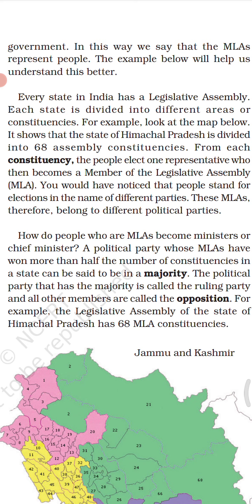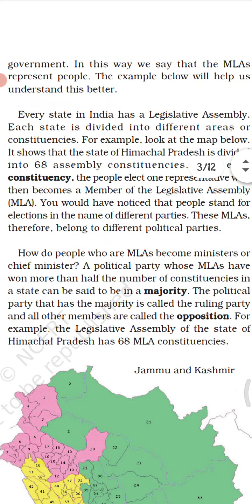After elections, the party that gets more than half of the seats forms the government. Maximum number of MLAs and more than half of the total numbers, then they form the government, and that party is called the majority party.